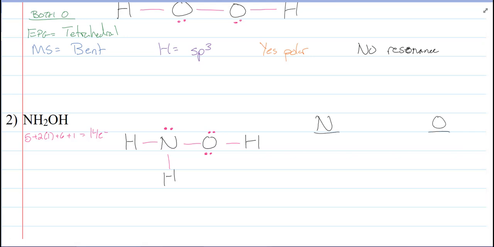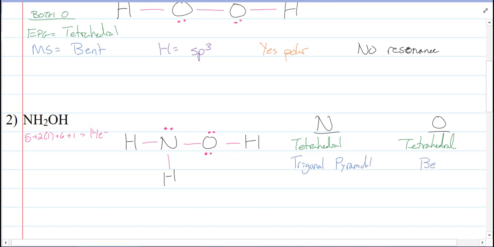Electron pair geometries. 1, 2, 3, 4 pairs for nitrogen. Tetrahedral. Oxygen, 1, 2, 3, 4 is also tetrahedral. Shape. Shape of nitrogen, 1, 2, 3 pairs that are bonding, 1 lone pair. So it's trigonal pyramidal.